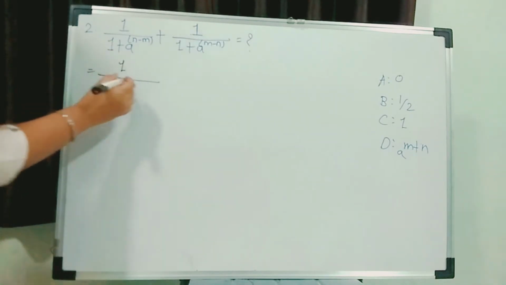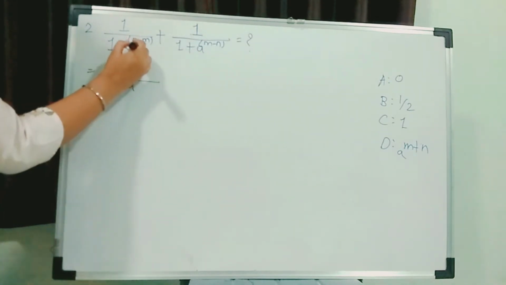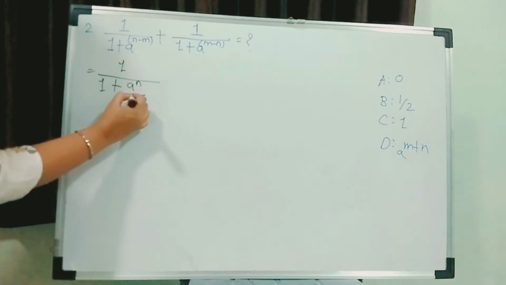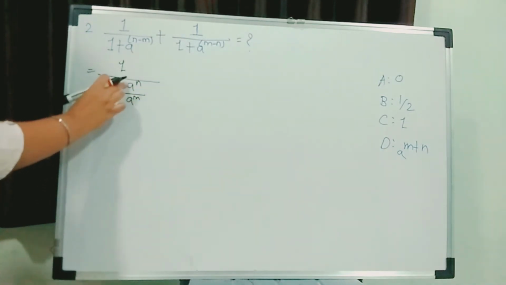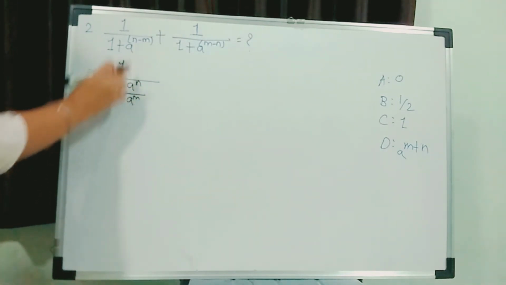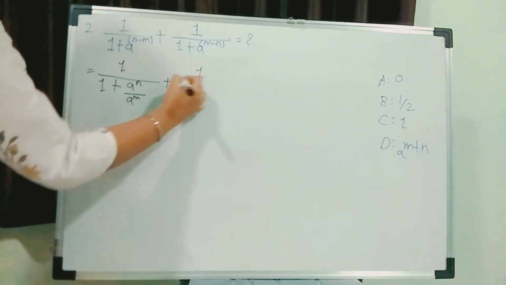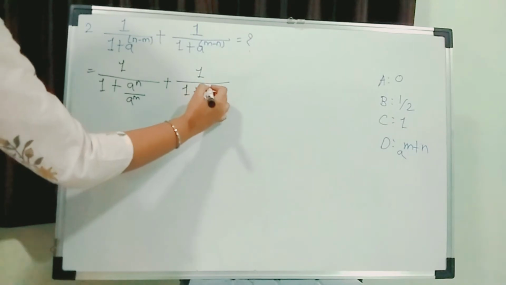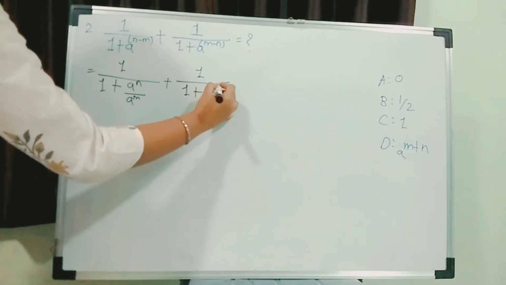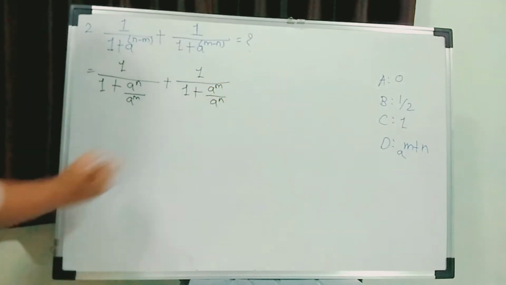That means here can I write in this way, a raised to n upon a raised to m. Why have I taken division? Because there is a subtraction. Then 1 upon 1 plus a raised to m upon a raised to n.